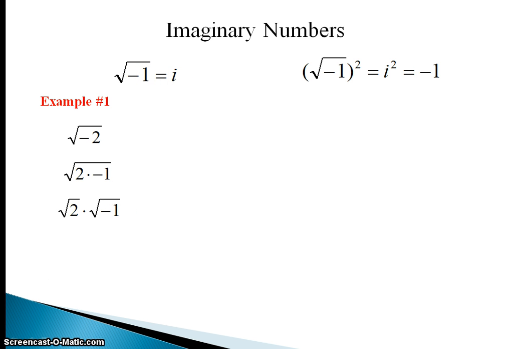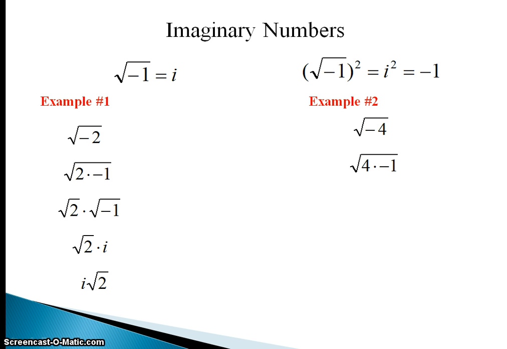And so we're going to continue with our simplification by changing the square root of -1 into i. Now, one thing to remember is that we never leave that i behind or after a square root. So I'm going to move it in front of the square root here, and our answer is i times the square root of 2.